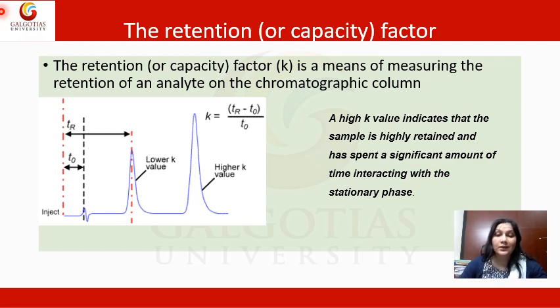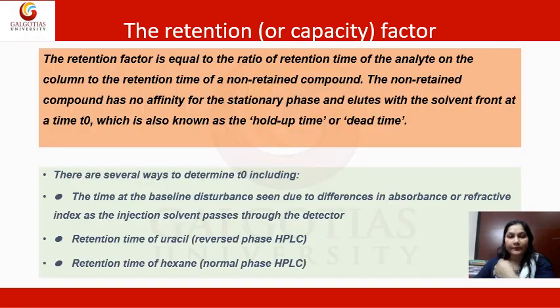So in normal phase chromatography, your t0 will be the retention time of hexane, but in reverse phase chromatography, where we are using a highly polar mobile phase and non-polar stationary phase, we will use t0 as the retention time of uracil, that is a highly polar component.